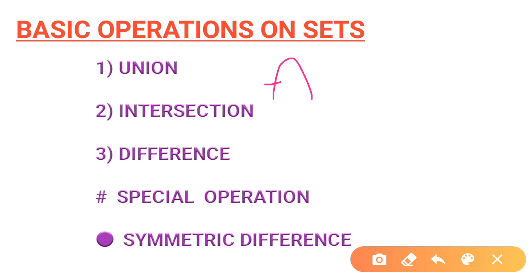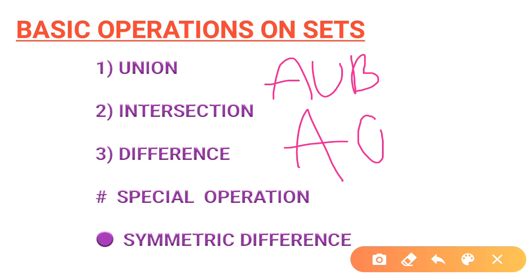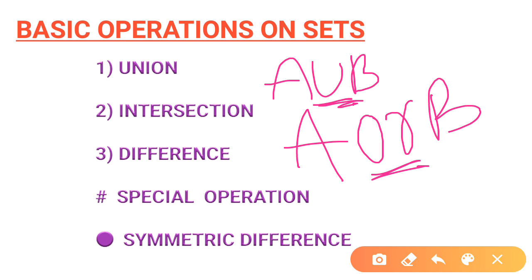So we can write A union B, otherwise in words, A or B. Union in words we can write "or" only.